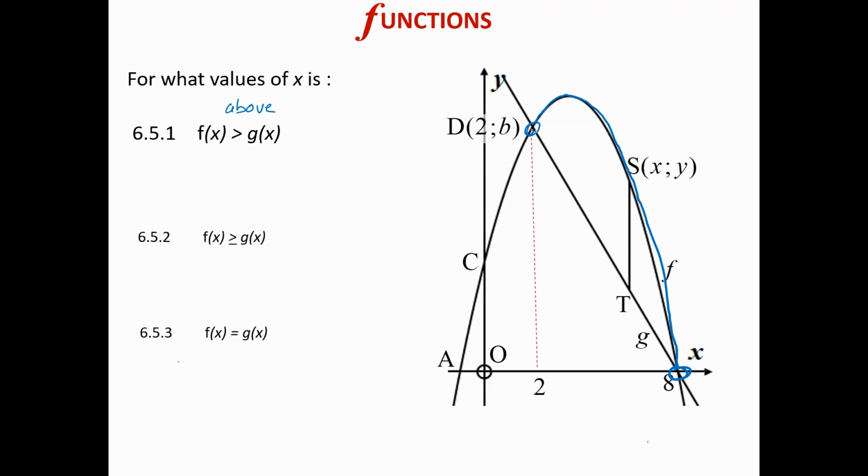What is the x value at the first point? It's actually 2. And what is the value where it stops? It's actually 8. So we can write it in different notations.